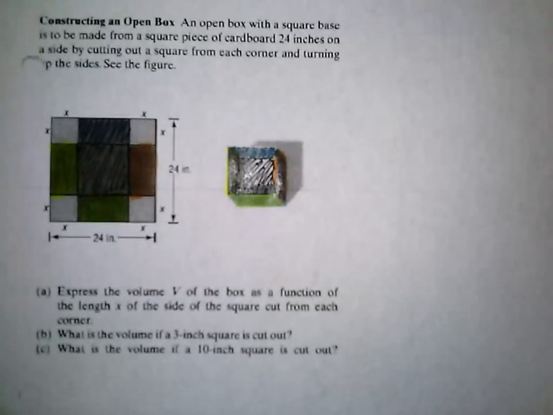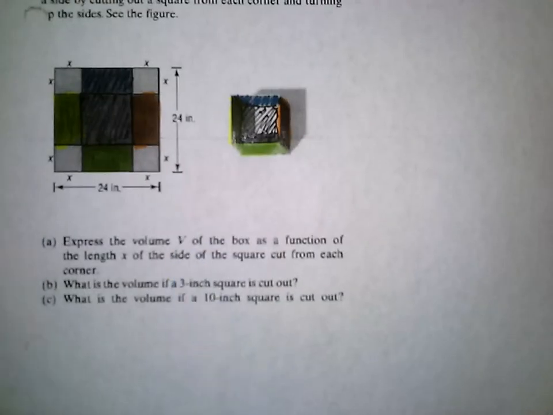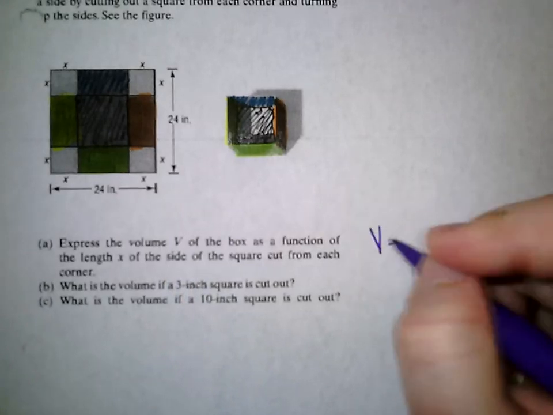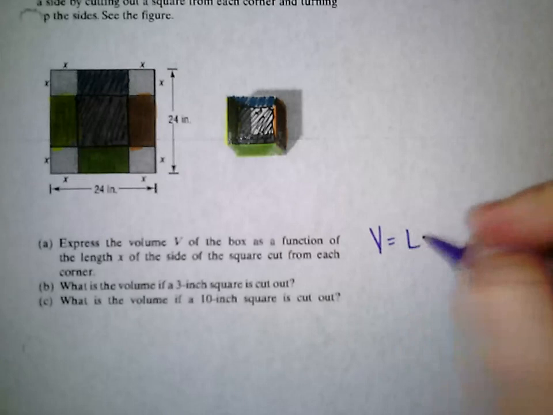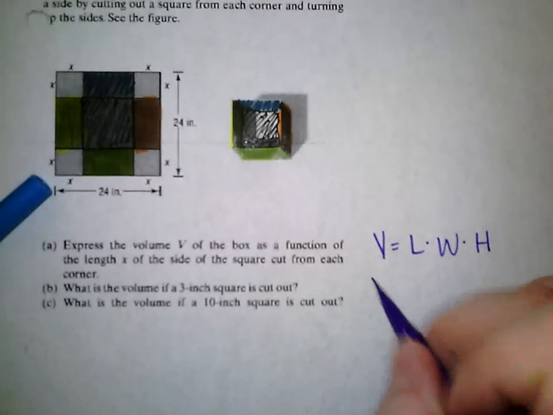The original cardboard is 24 inches, and we're supposed to be expressing the volume of the box. So remember that the volume for a rectangular prism is length times width times height. Since this is a square cardboard, that makes it a lot easier to work with.